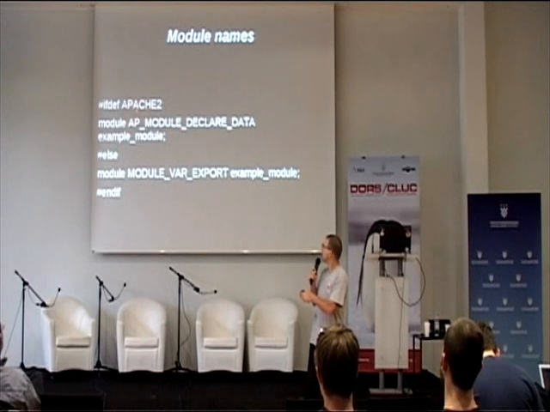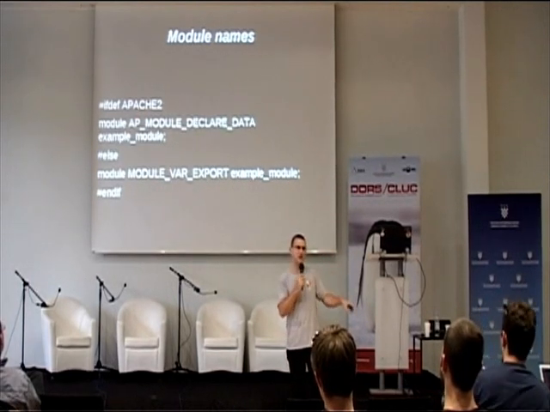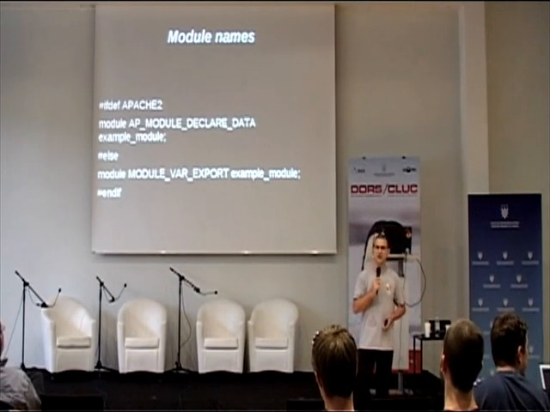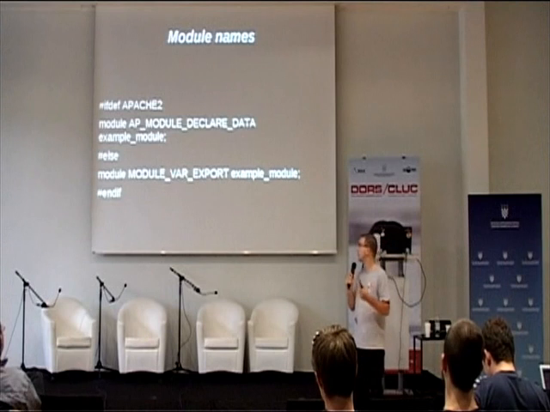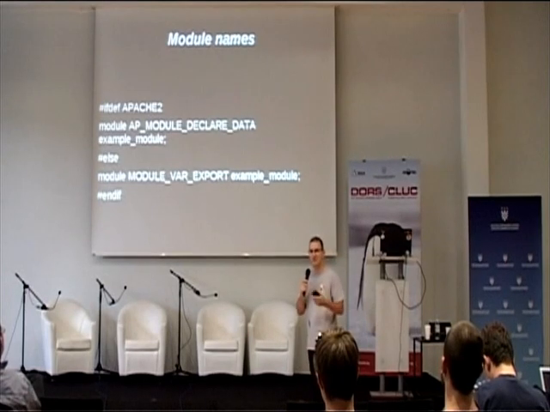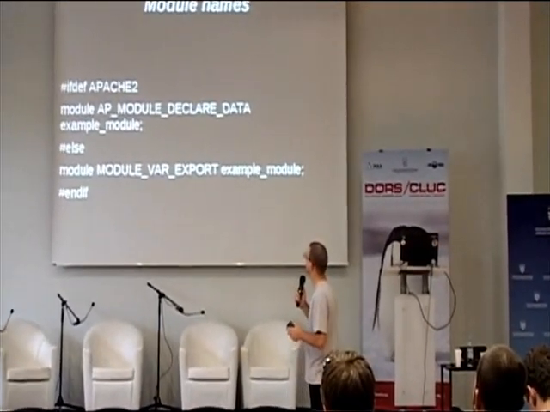Apache 2 is actually defined by checking in the source code of different versions if there is a particular string. If someone is very interested, you can come to me after the talk and I'll explain this with a little bit more code.